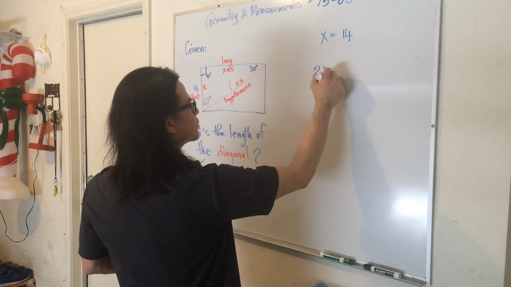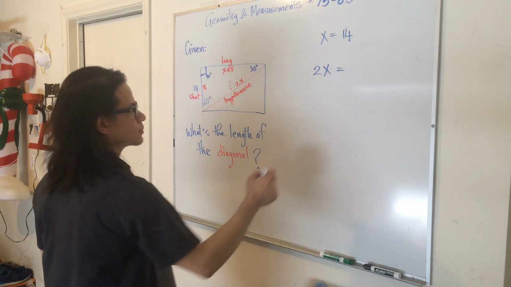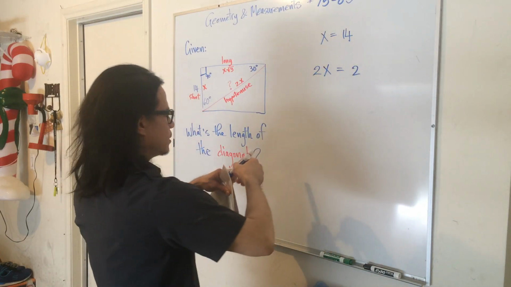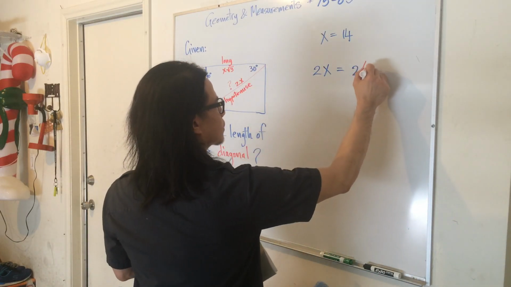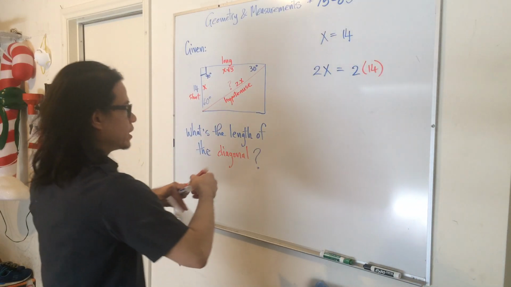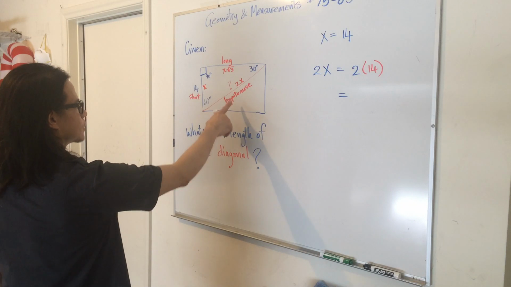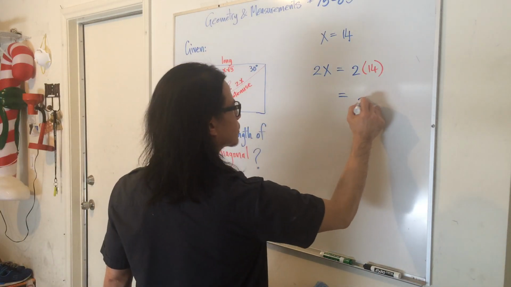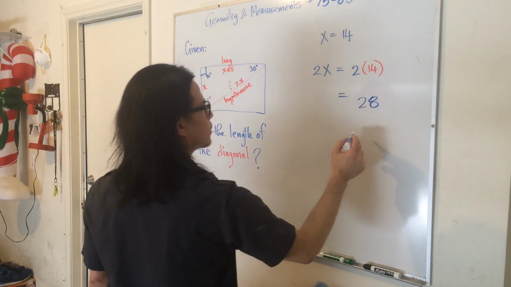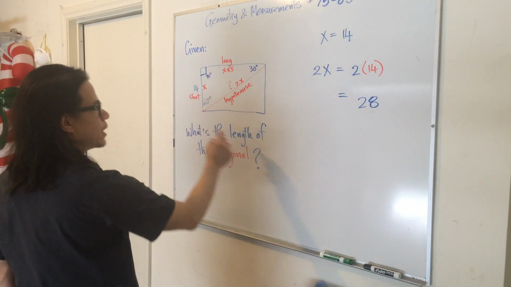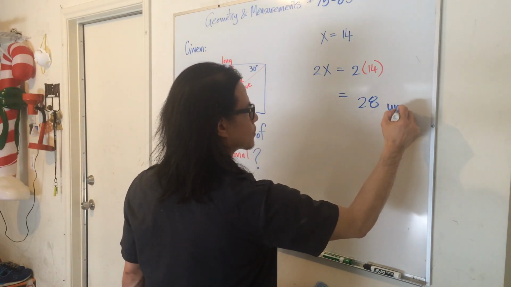So 2 times x is equal to 2 times 14, which is equal to 28. So 28 units.